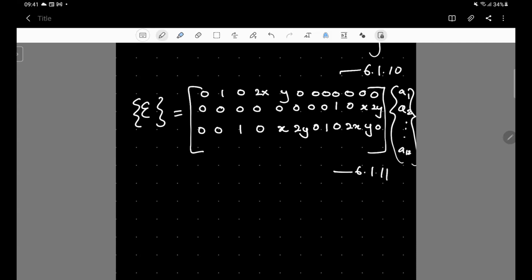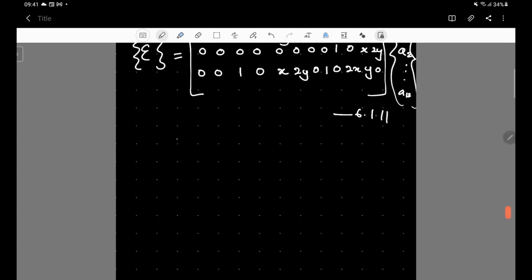That is why we call it a linear strain triangle. So we can express this strain within this element using, let's call it, the M prime matrix, the A matrix.